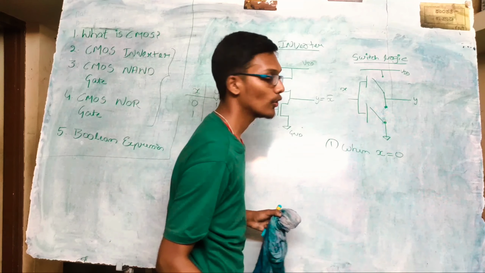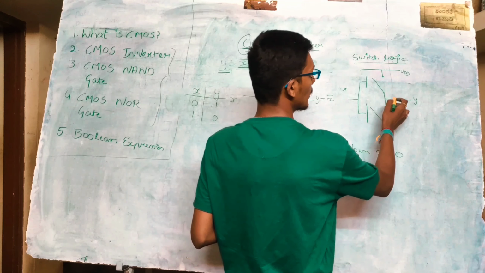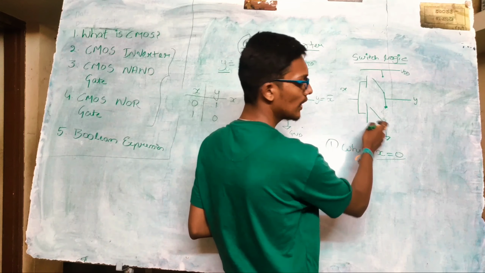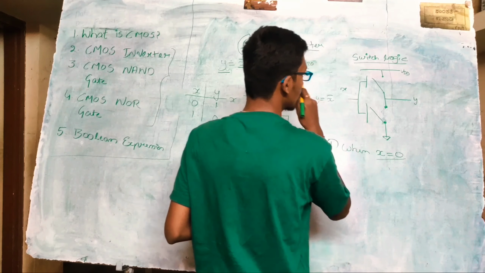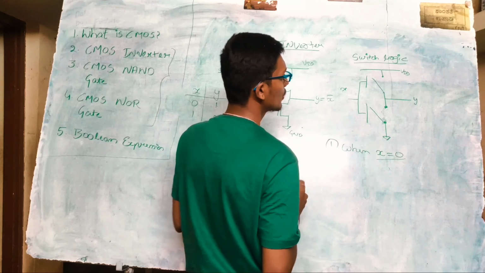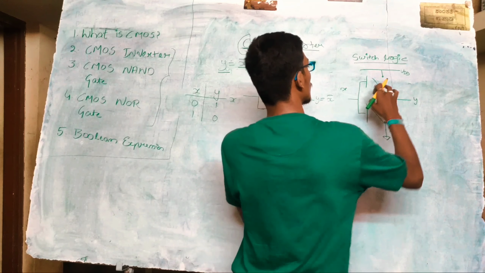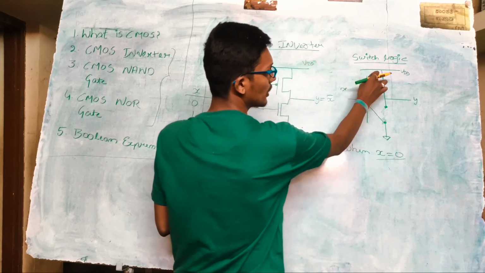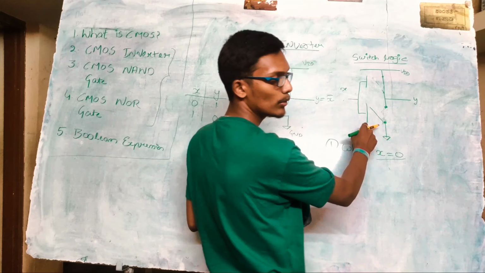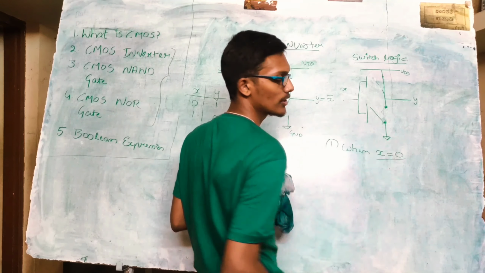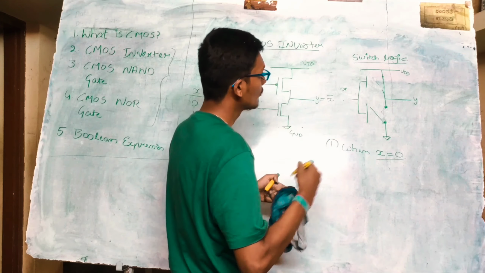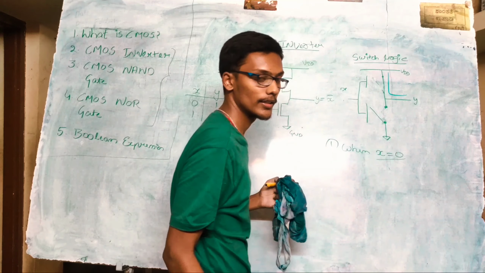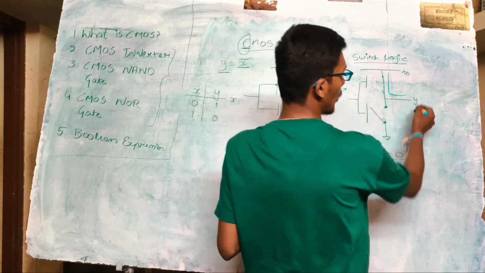As I have said before, PMOS will be short circuited when X is equal to 0, that is, when the gate is 0. NMOS will remain open at logic 0. So when X is equal to 0, PMOS will be short circuited, but NMOS will remain off when the logic is 0. Here a path is established between VDD and the output Y. What will be the value of Y?